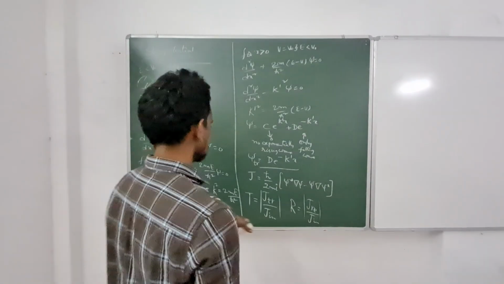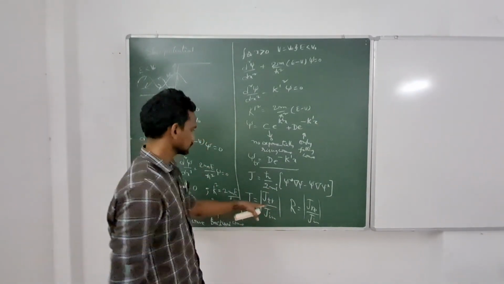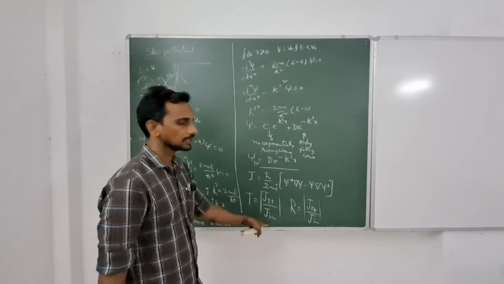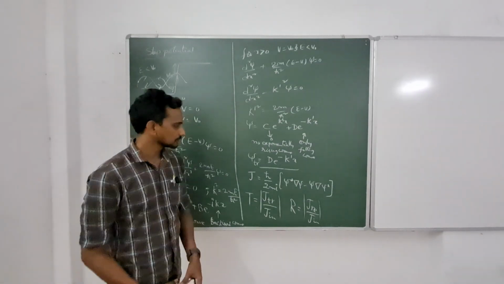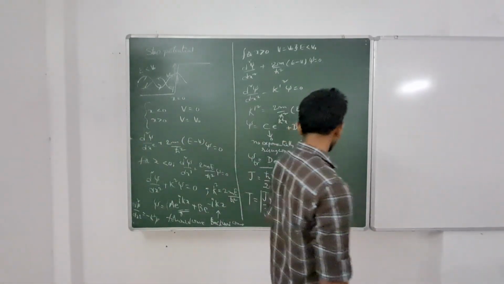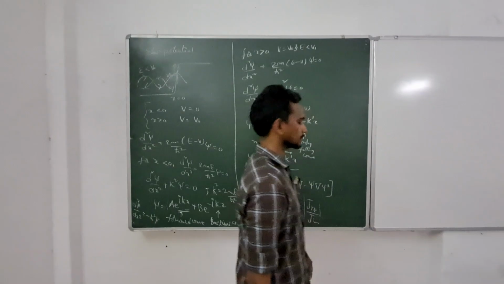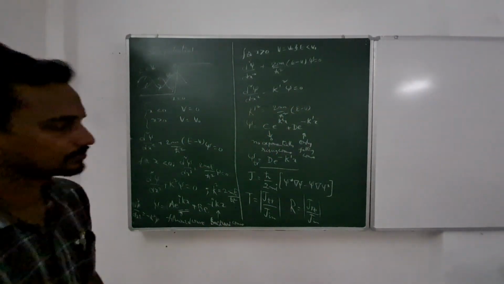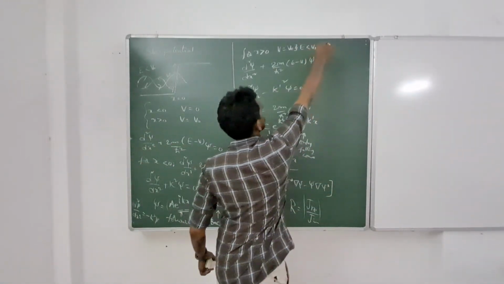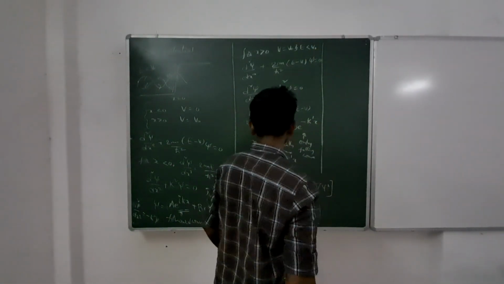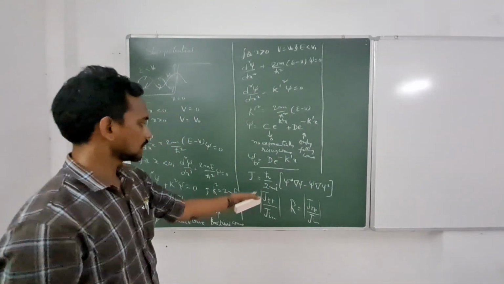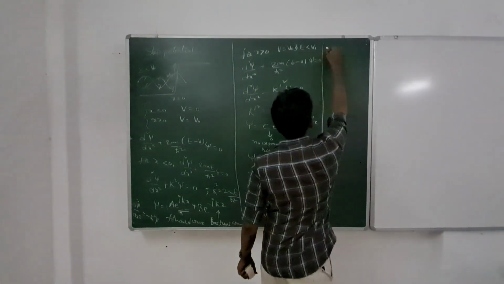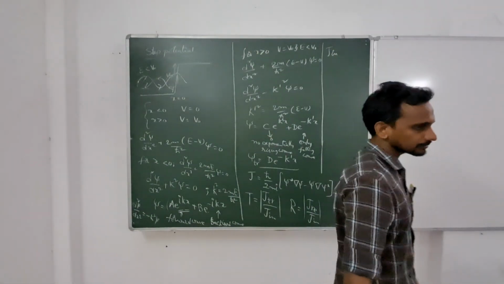The transmission coefficient and reflection coefficient are defined like this. This is the ratio of transmitted current by incident current, and reflection coefficient is reflected current by incident current with a modulus. So first of all, we need to calculate this J transmitted, J incident, and J reflected.